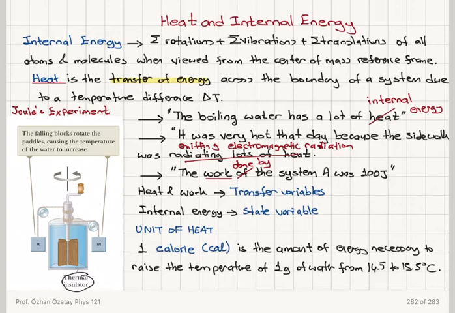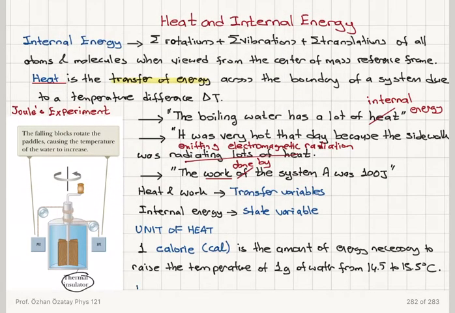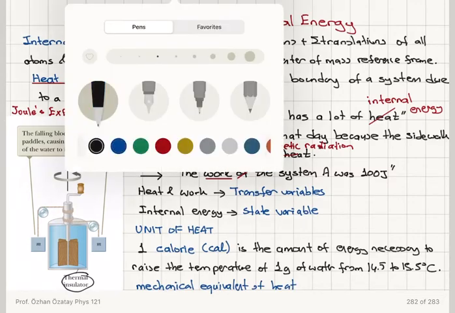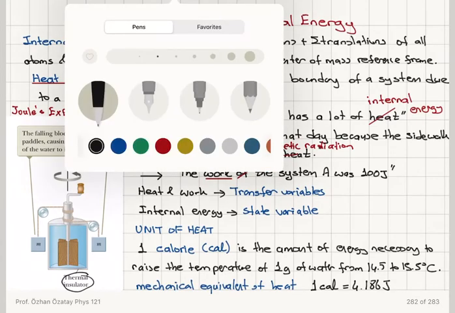And so we find that using Joule's experiment, there is a mechanical equivalent of heat. Because they're both describing transfer of energy, it is basically found by Joule to be 1 calorie equal to 4.186 joules.